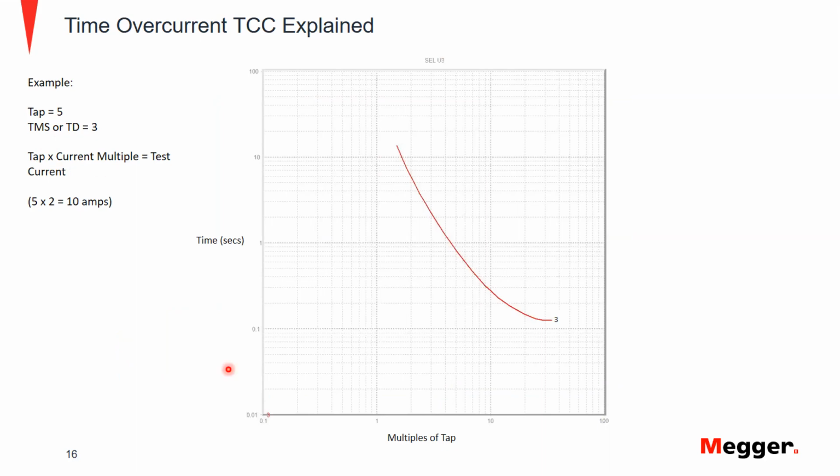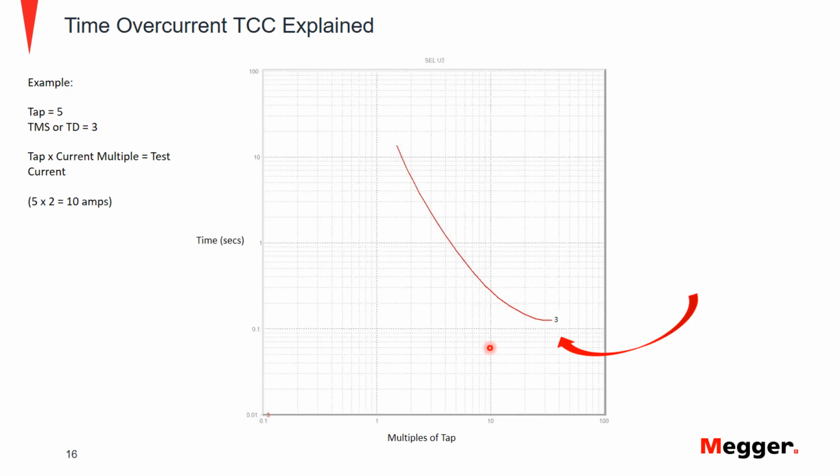On this graph, we also have the time in seconds or cycles. A lot of times you'll have seconds on one side and cycles on the other. We also have a multiple of taps, which is a multiple of our tap setting that we use to find the time that's inversely proportional to current on this graph. So if we came in here, the first thing we need to do is know what time dial we're on.